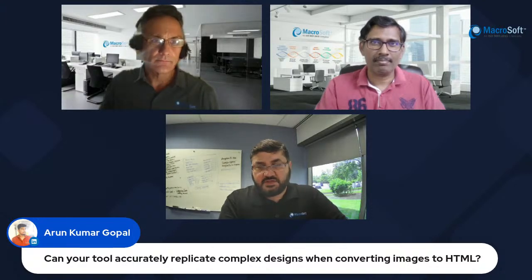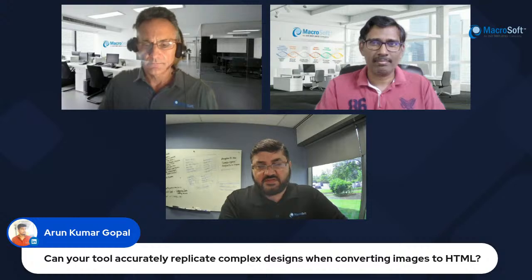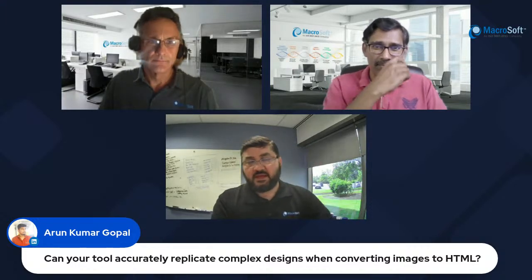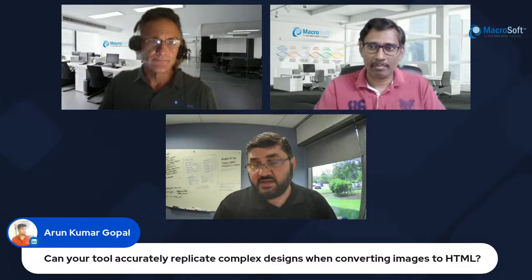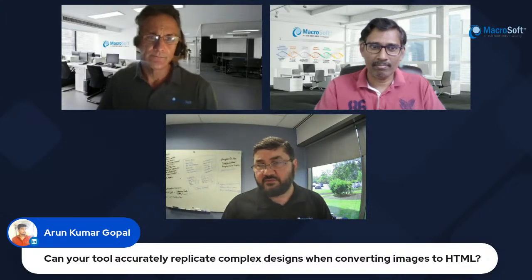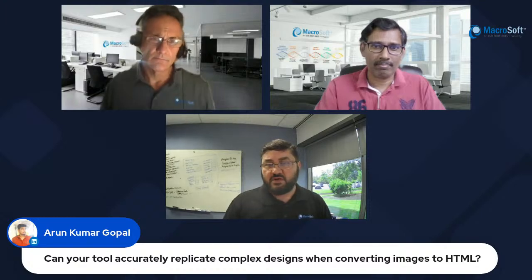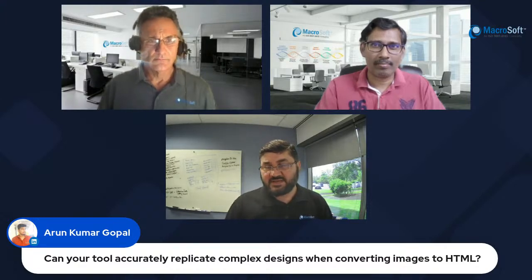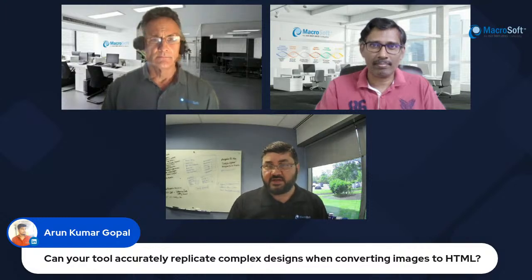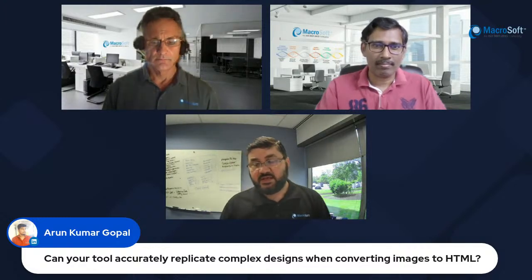I can answer this question. So the question is about complex designs, right? I would say 60% yes. For simple images, it's almost 90 to 95%, but for complex images, 60% yes. I am one of the clients of this tool myself because I do this a lot. We sit in the team and I draw my ideas on the screen.